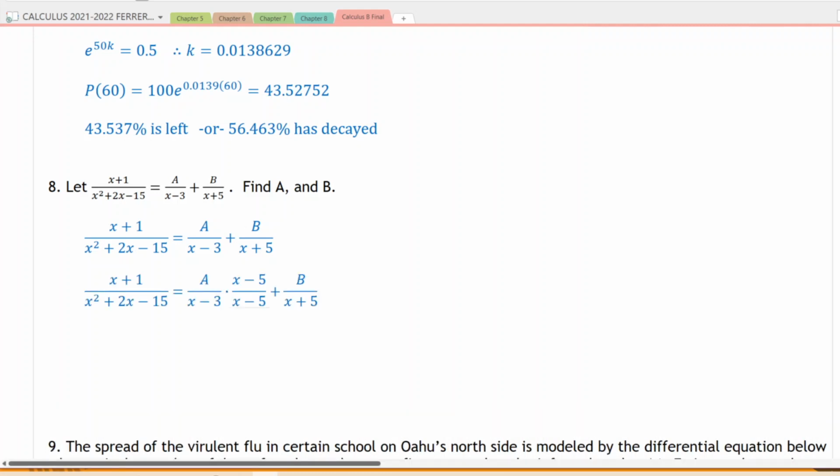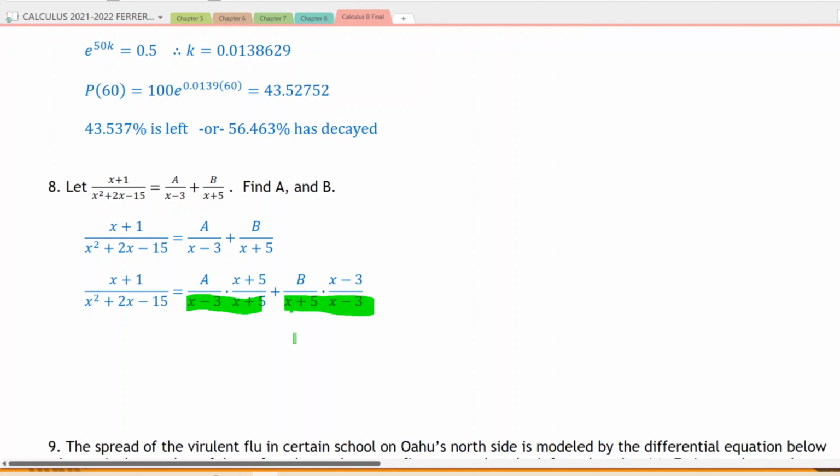To do that, we'll multiply the first partial fraction by x plus 5 over x plus 5. And then we'll multiply the second partial fraction by x minus 3 over x minus 3. And you'll notice that the denominators here will all match.